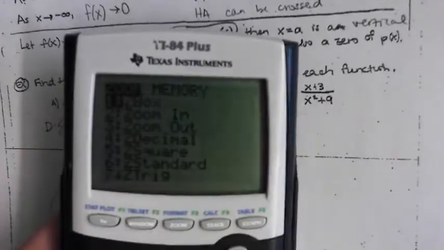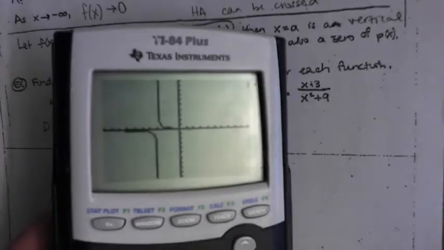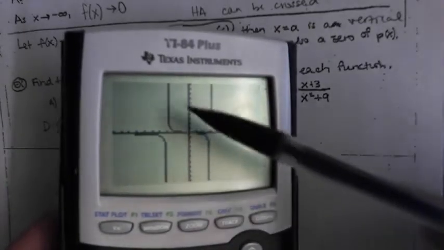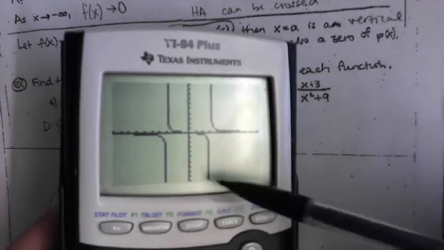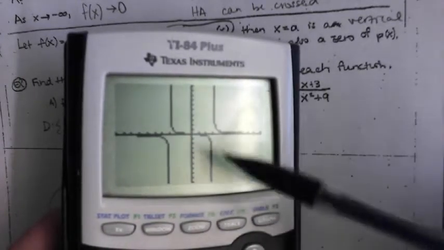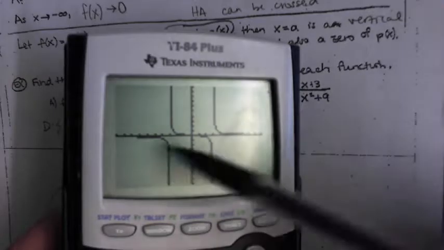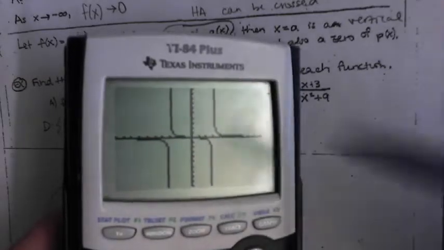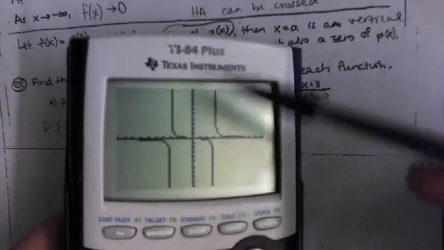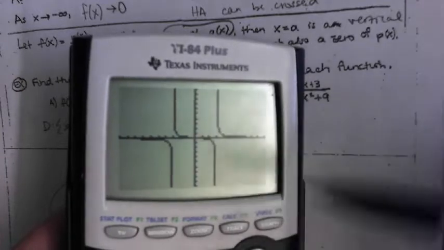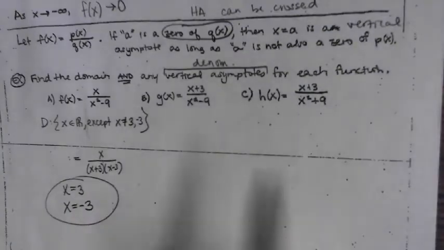X divided by x squared minus 9 looks like this. So we have a vertical asymptote here and here. What's happening between the asymptotes and on the right-hand side and left-hand side of the asymptotes, we'll get to. But for now, just understanding what a two vertical asymptote situation looks like.